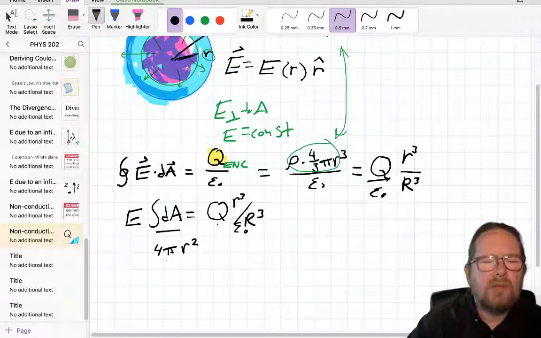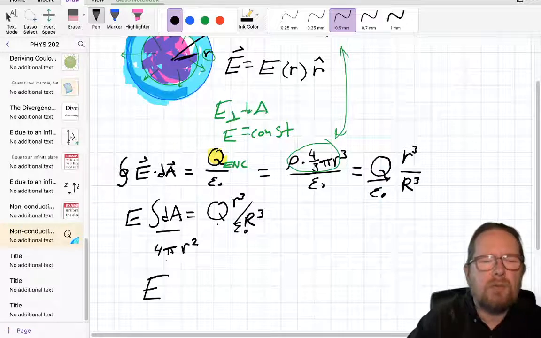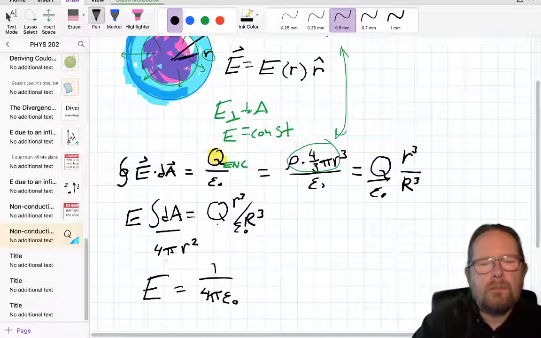So this gives us that the electric field is equal to, what have I got? I've got a 4 pi, so still 1 over 4 pi epsilon naught. We should be very used to seeing that fall out of these equations. Q times, we got an r squared here on this side from the A, we've got an r cubed on this side.